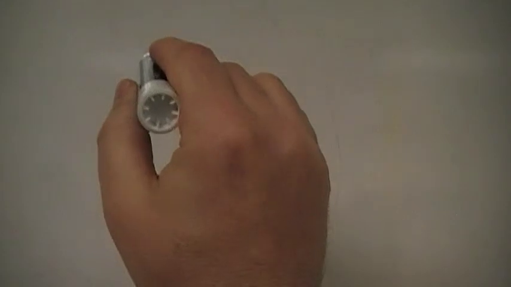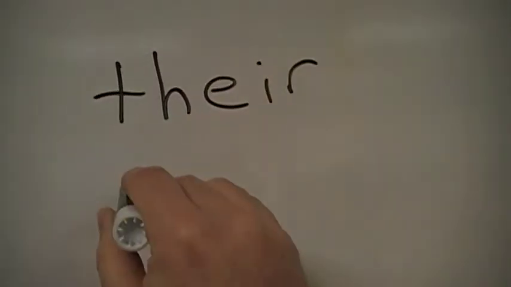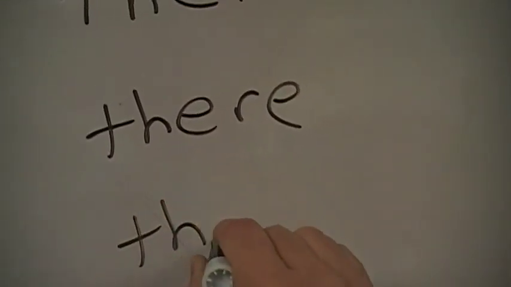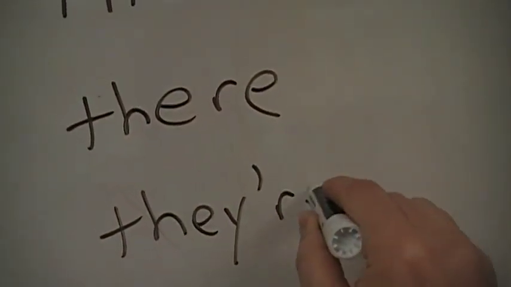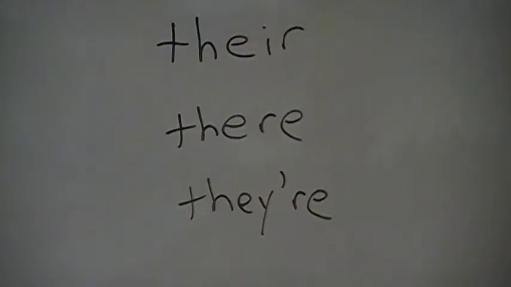So sometimes I have to hold the camera with my left hand and write with my right hand. I'm not very good writing with my left hand. So let's say we have there, and there. We have 3 different kinds of there, and they all sound the same, but they have different meanings.